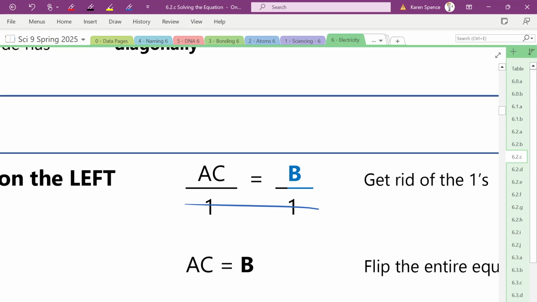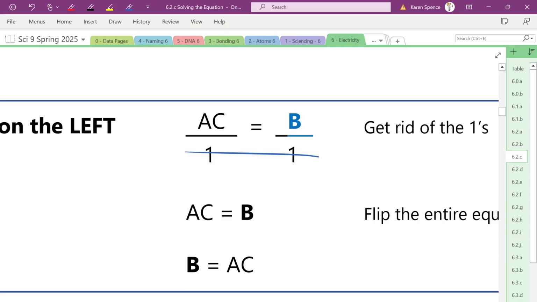Now, anytime you have an equation, you can take everything on the left and move it to the right, as long as you take everything that was on the right and move it to the left. So basically you're taking the entire equation and flipping it side to side.